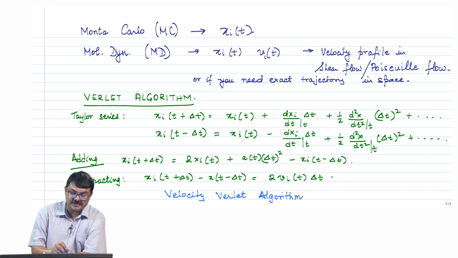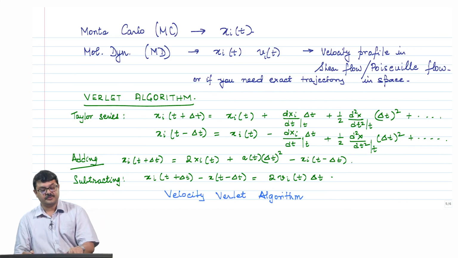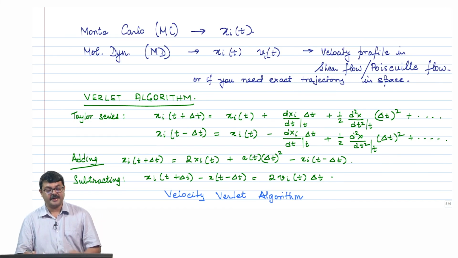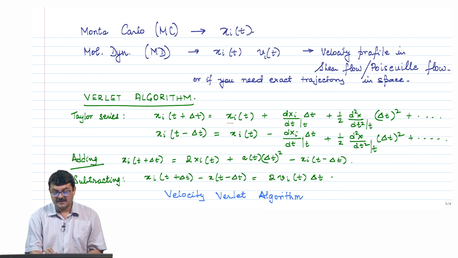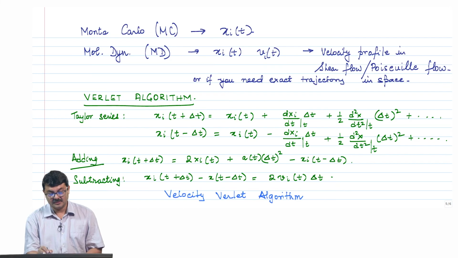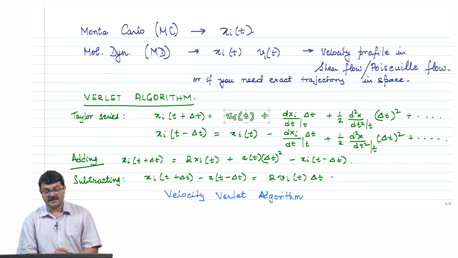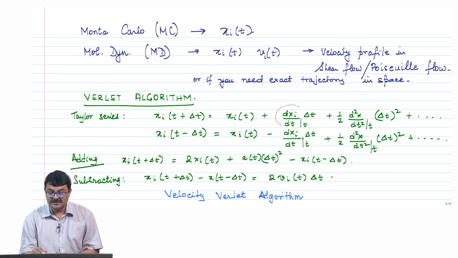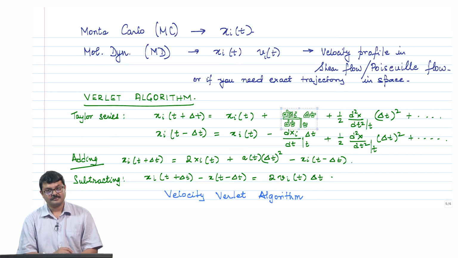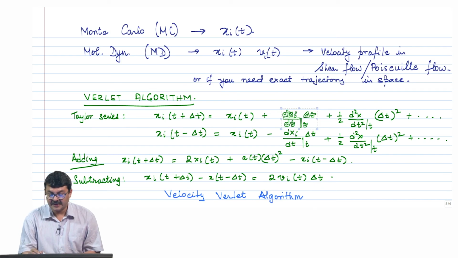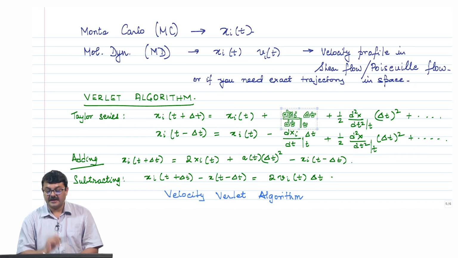Then using Taylor series, you can write down the position of particle i at time t plus delta t using x_i(t). So, you need to know the position of the particle at time t plus dx/dt, right. That is what the Taylor series expansion says, calculated at time t, times delta t, plus half d2x/dt2, the double derivative calculated at time t.